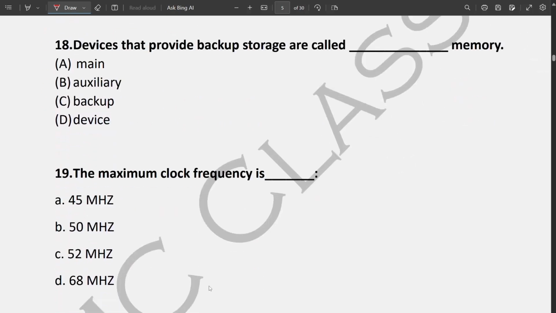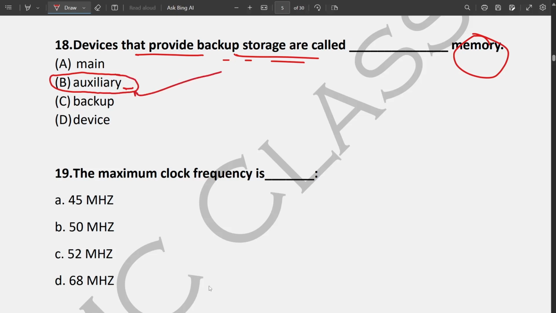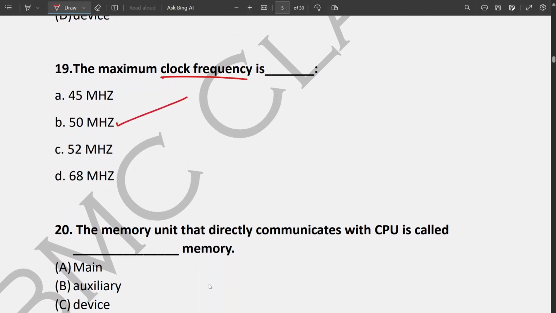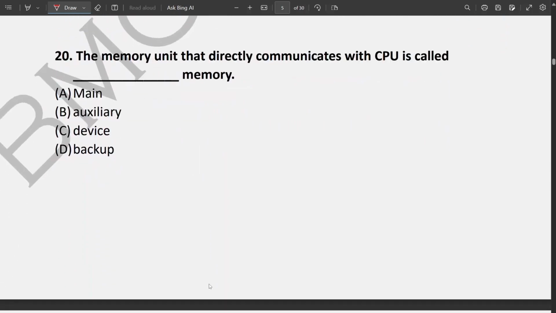Next, devices that provide backup storage are called auxiliary memory. Next, the maximum clock frequency of any CPU is 50 MHz. Next, the memory unit that directly communicates with the CPU is called main memory.